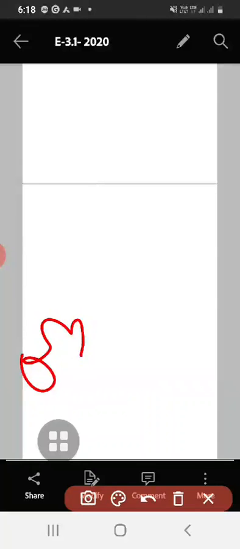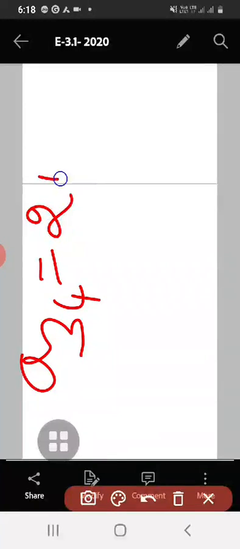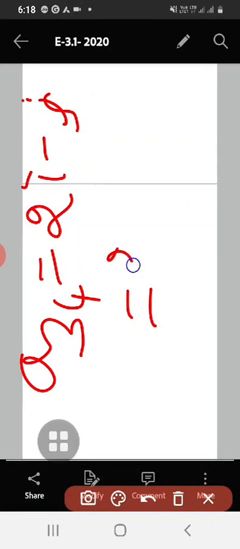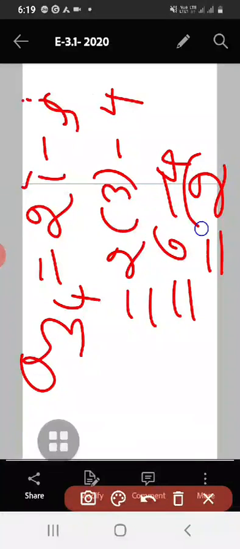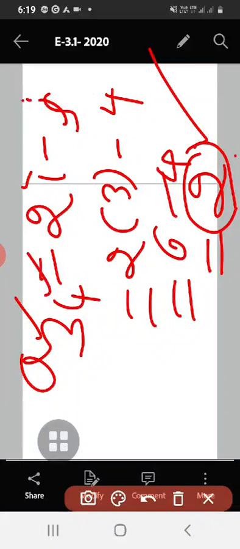Then let us work out the last element. A34 is equal to 2i minus j, so 2 into 3 minus j, which means 4, 6 minus 4, that is 2. So third row, fourth element is 2. We shall substitute all these in our matrix.